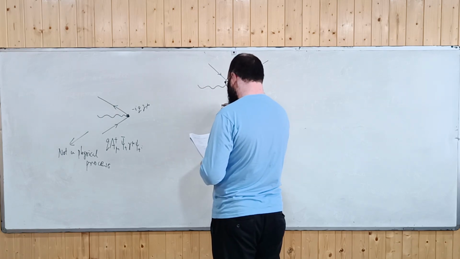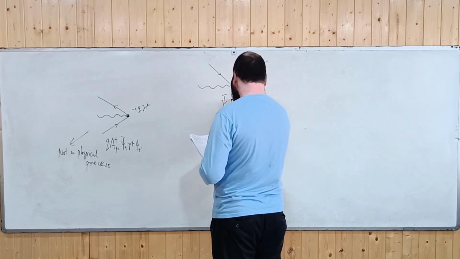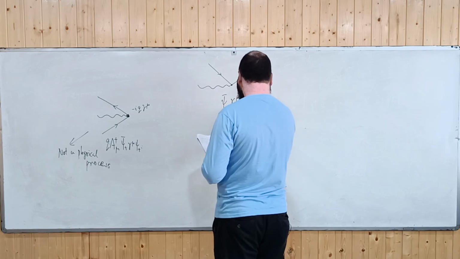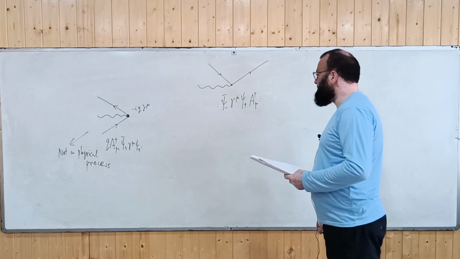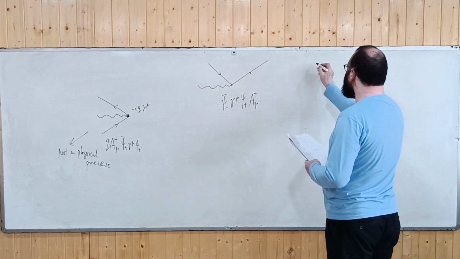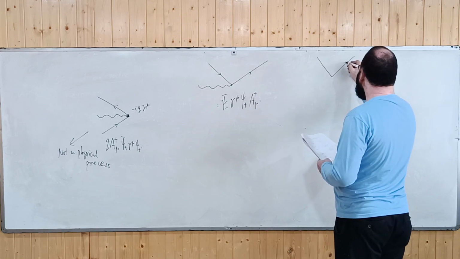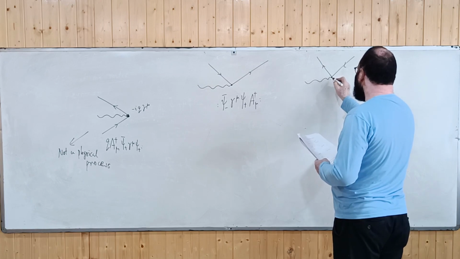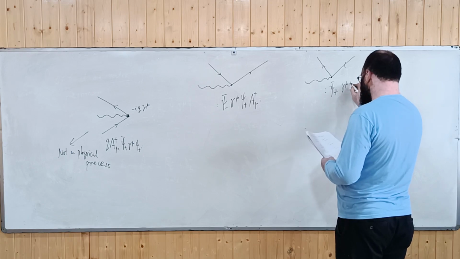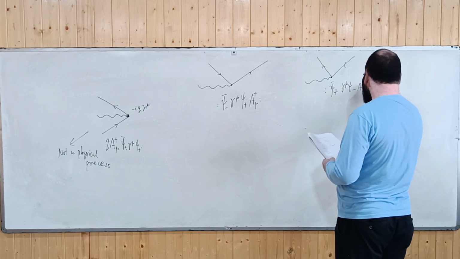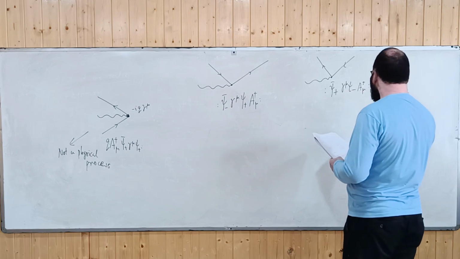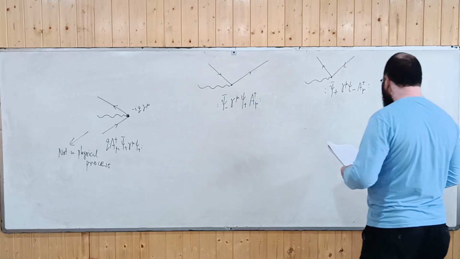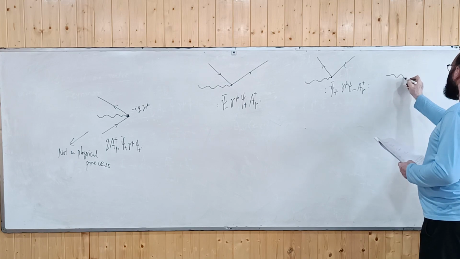So this is the process psi bar minus gamma mu psi plus A plus mu. So it is this very term, just check. Then you are having its conjugate process, like this thing, psi bar plus gamma mu psi minus A plus mu.